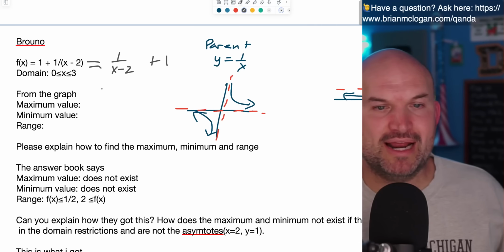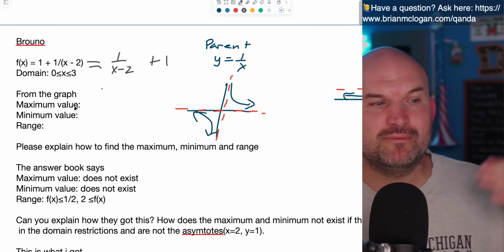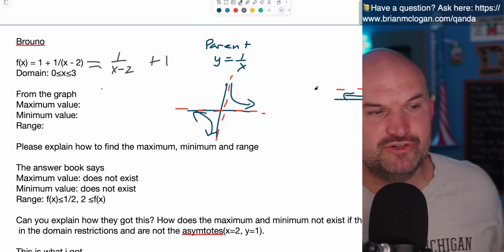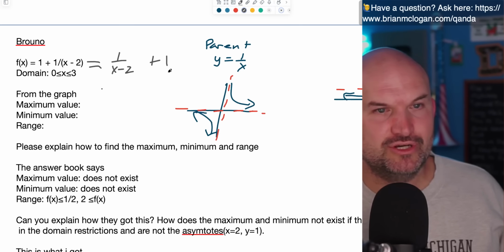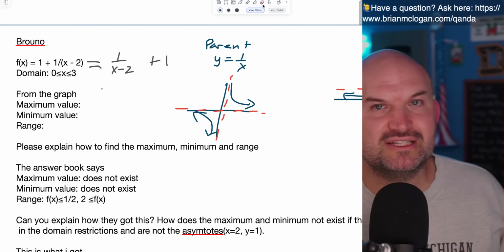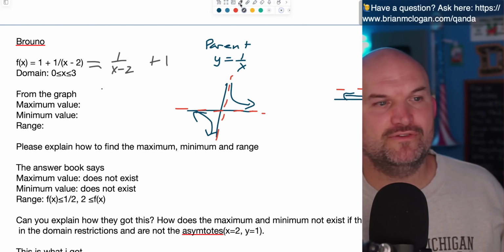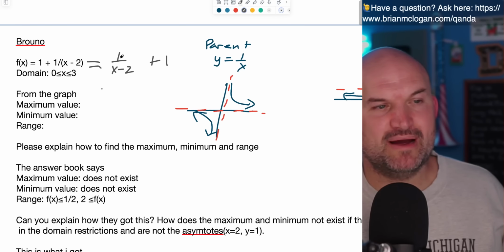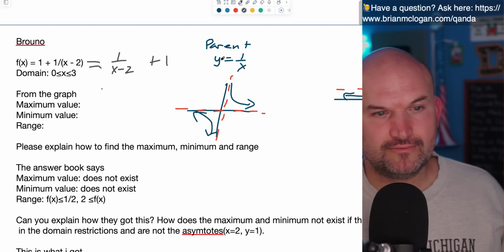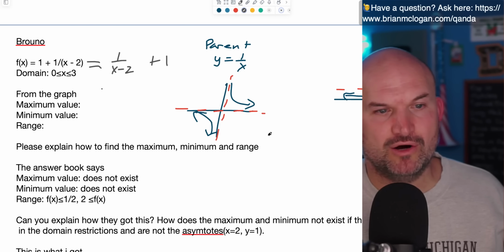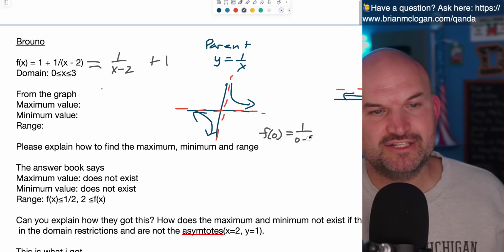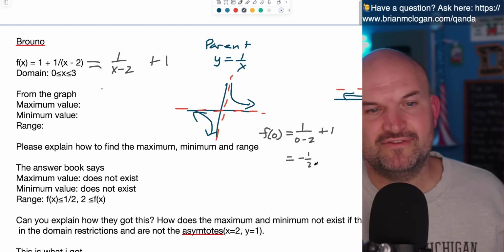So that's why there's no maximum value. Now, how do you find the range? The range is a set of the y values. So if you want to know the range, plug in f of 0. I get 1 over 0 minus 2 plus 1. That's a negative 1/2 plus 1, which equals a positive 1/2.